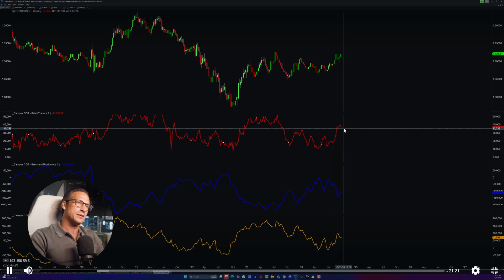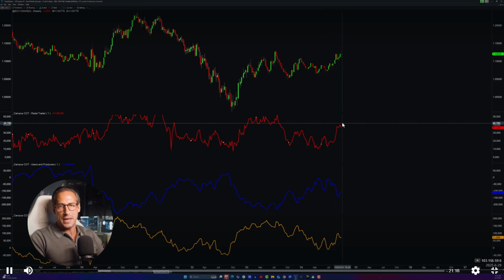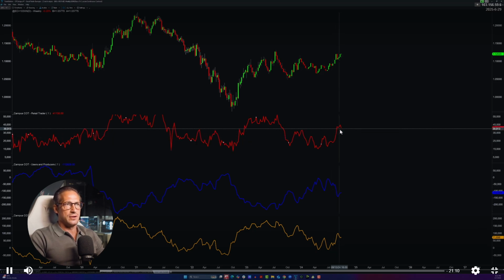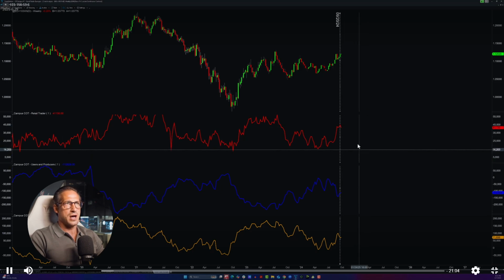Are the retail traders bullish compared to their previous behavior or bearish compared to their previous behavior? And what I can see here now, well, I'm looking for spikes. And if I'm here right now, you see I'm simulating that I'm around the end of September 2024.